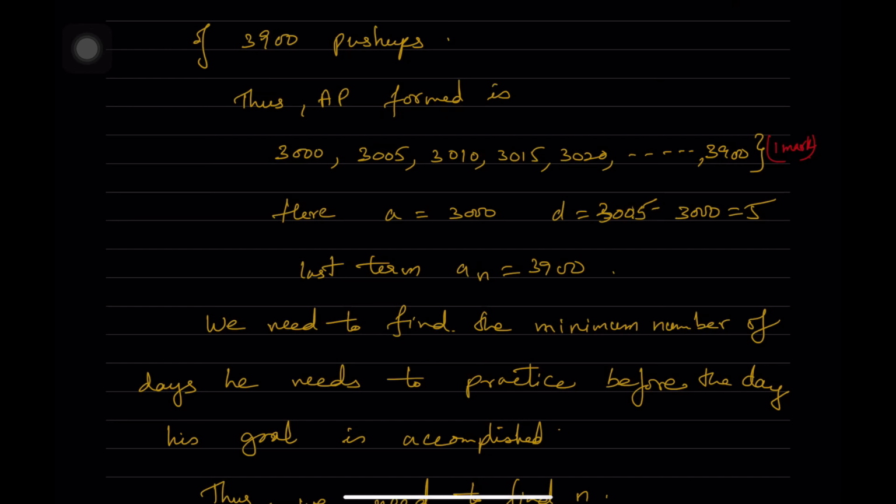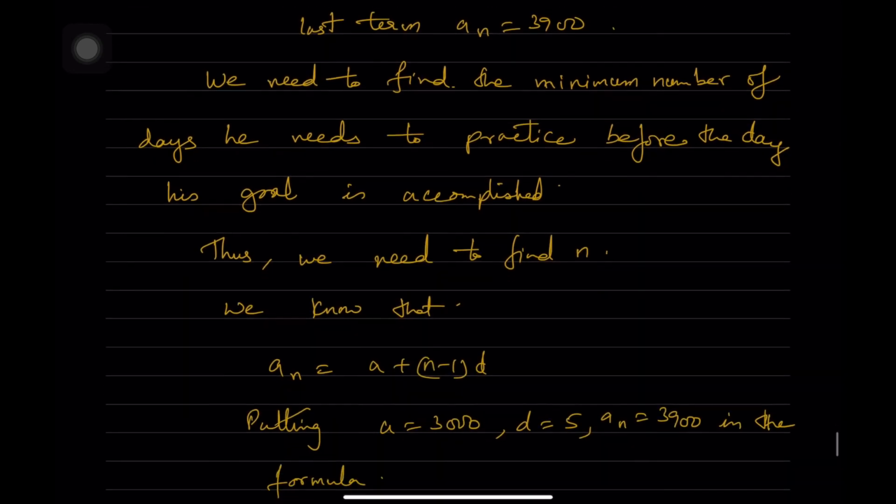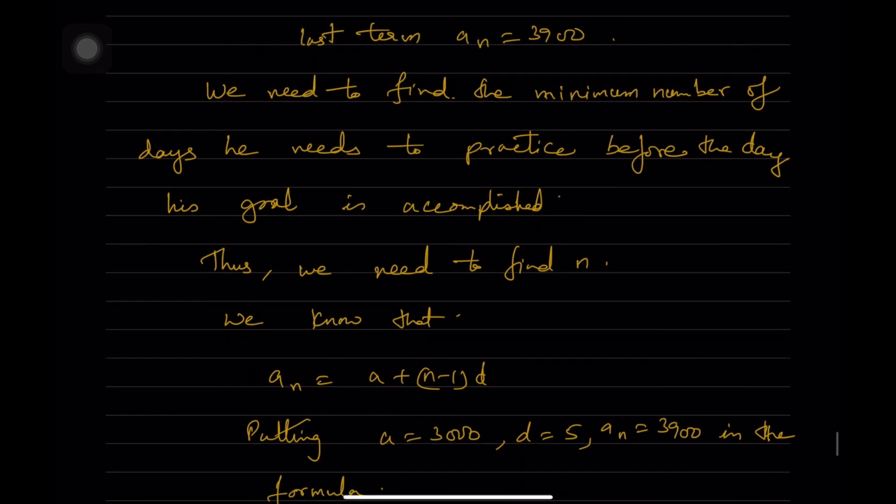So 3900 is the last term. So A is equal to 3000, D is equal to 3005 minus 3000, which is 5, the common difference. The last term, that is L, is equal to AN is equal to 3900. We need to find the minimum number of days he needs to practice before the day his goal is accomplished. Thus we need to find N.